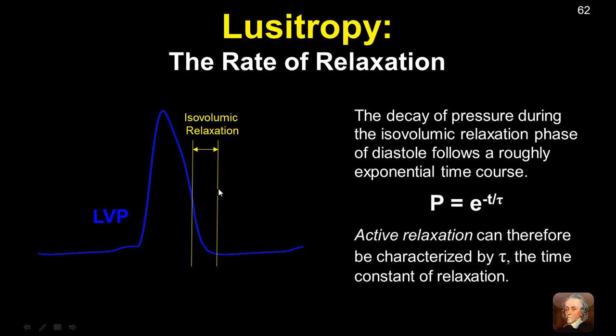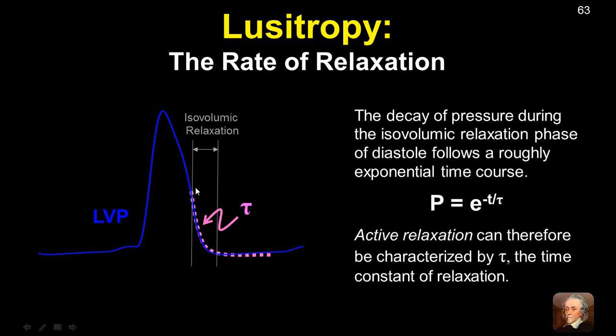And that is really characterized by the rate at which the pressure falls during the diastolic phase of the cardiac cycle. It turns out that this fall is roughly exponential and can therefore be characterized by a time constant.